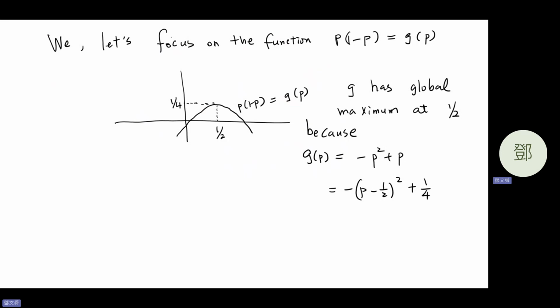So it is smaller than or equal to 1 over 4. This is the maximum value, 1 over 4, when p is 1 over 2.